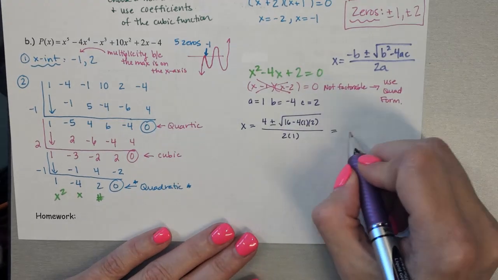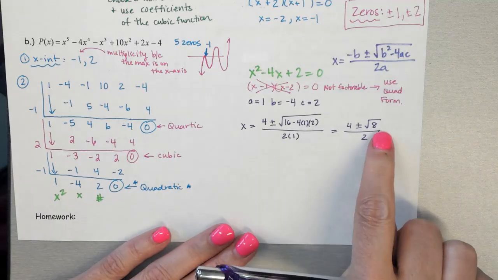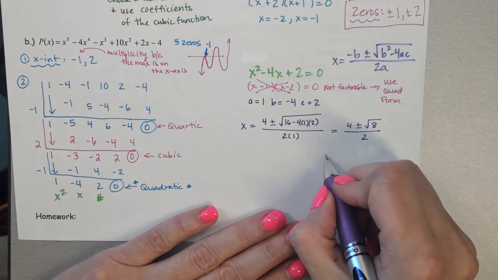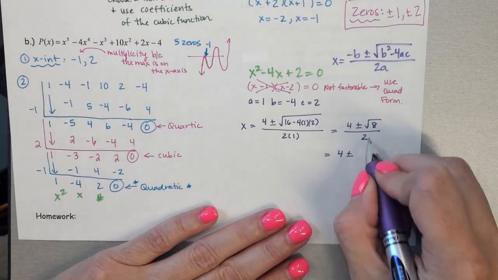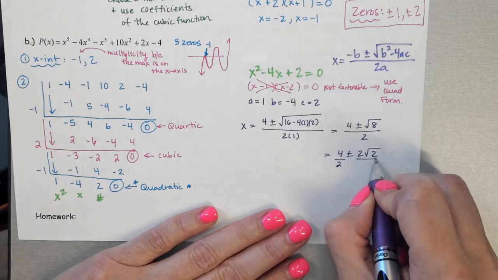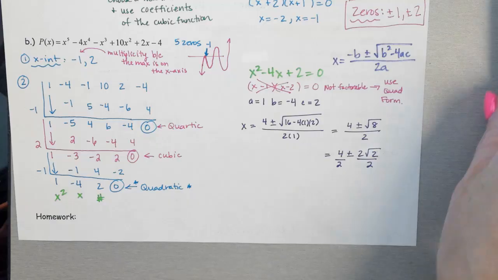So I'm going to have 4 plus or minus √8 over 2. Remember, if there's a perfect square under the radical, we have to simplify that. Okay, so the perfect square in 8 is 4, so this will be 2√2. And then you need to divide each of these by 2 and simplify if you can simplify.